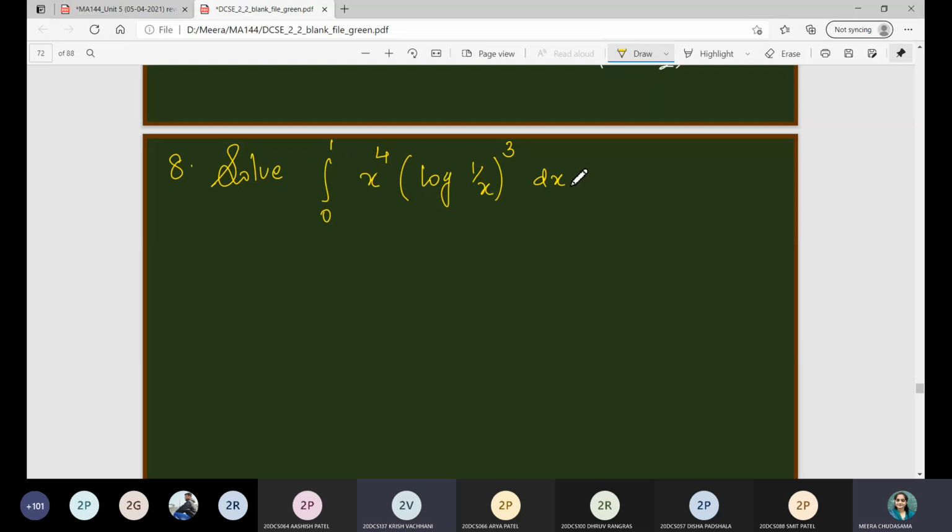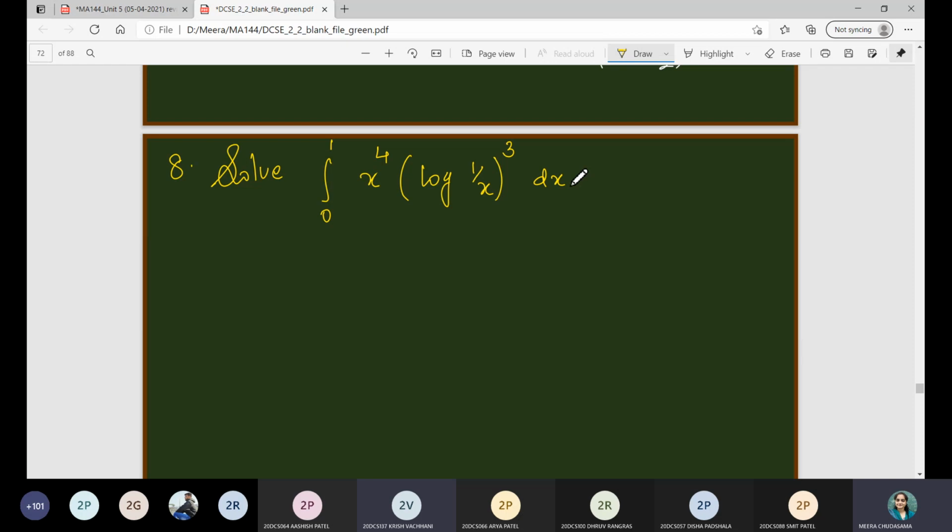Okay, very good. So let us consider now example 8. Solve integral 0 to 1 x raised to 4 log 1 upon x raised to 3 dx. You have to solve or evaluate this. So what will we do in this case? Ma'am, we can consider log 1 upon x as t.